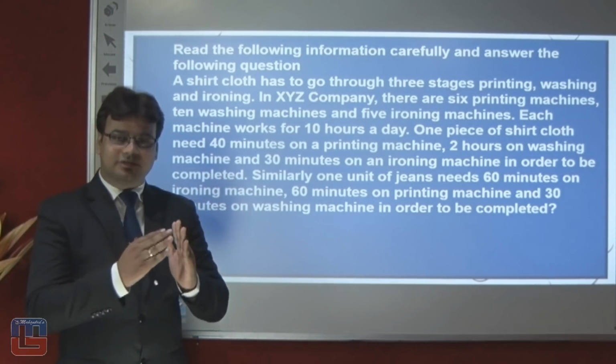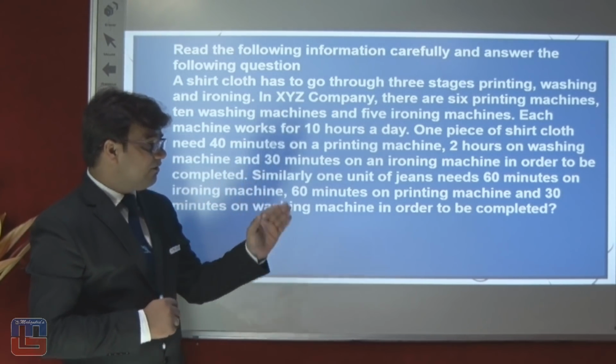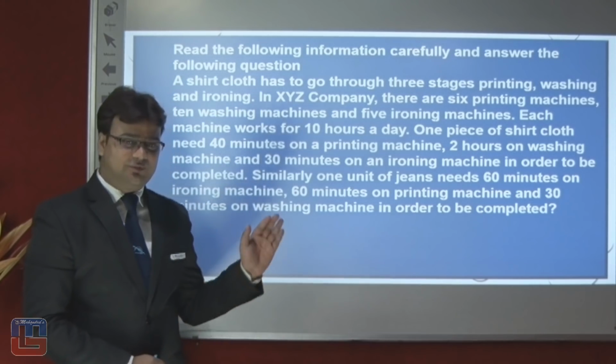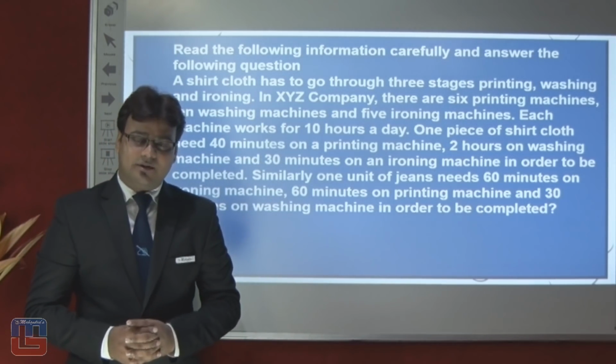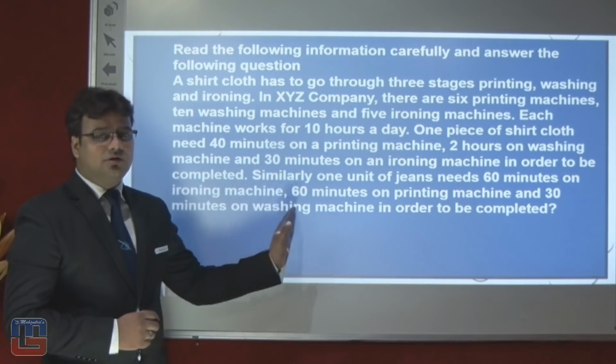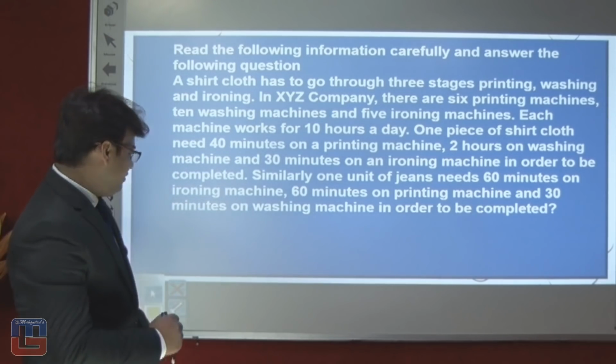That is, when all processes complete, then the shirt will be complete. Similarly, 1 unit of jeans needs 60 minutes on the ironing machine, 60 minutes on the printing machine, and 30 minutes on the washing machine in order to complete it. See what the next question is here.